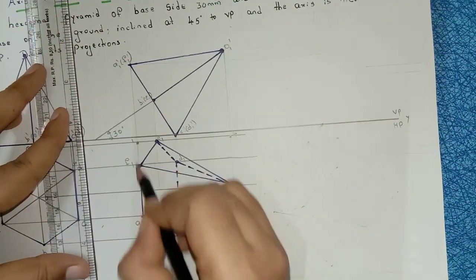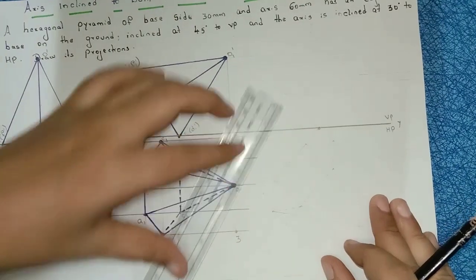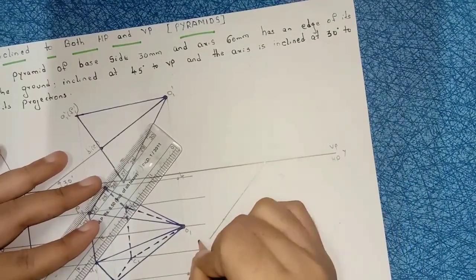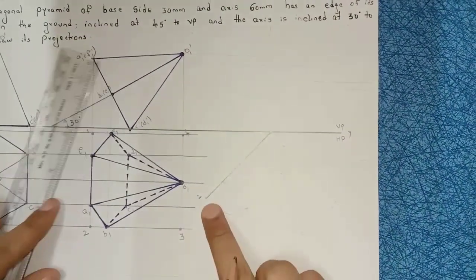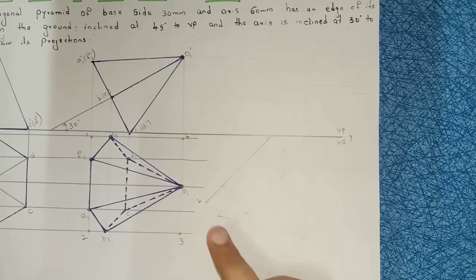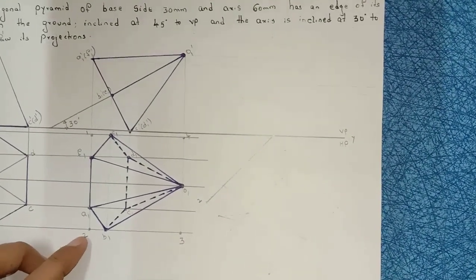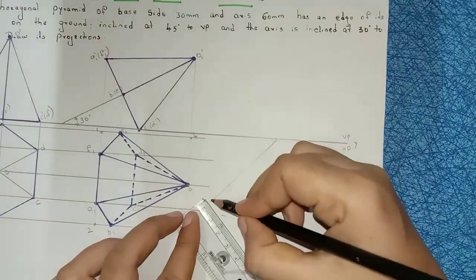Right. So measure this 1, 2 and draw here. Right. So name it as here 1 and 2. After that, place your protractor on this point. Mark 90 degrees. Right. Measure this 2 to 3 length and draw here 2 to 3.